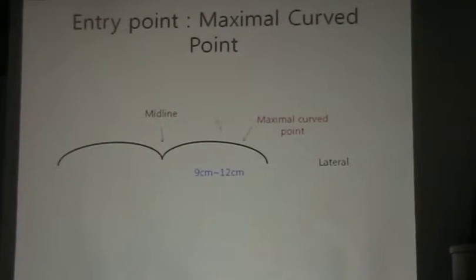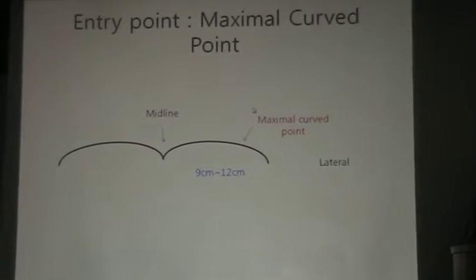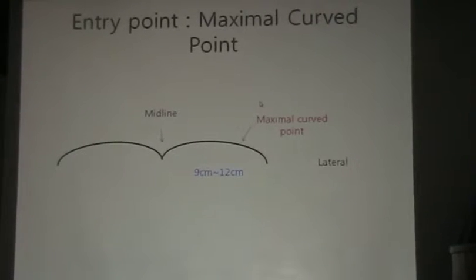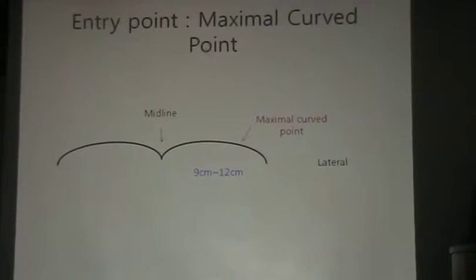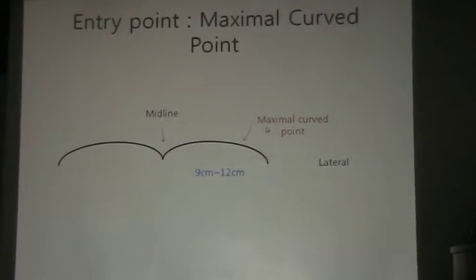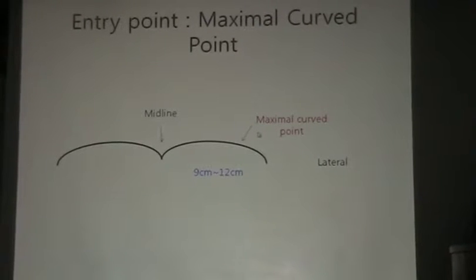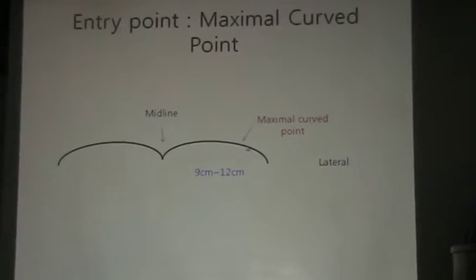This is an example of entry point. In percutaneous endoscopic lumbar discectomy, you make the entry point around the maximal cut point. This is the midline and a relatively flat back area found to the flank. So the maximal cut point is located around the turning point.